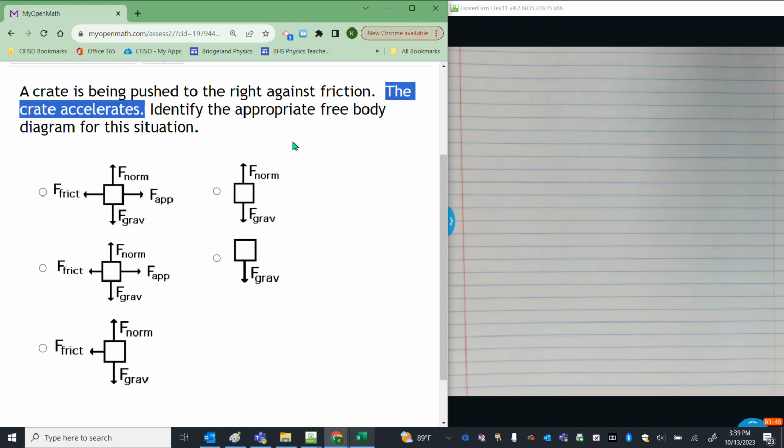In order for the crate to accelerate, I must have a net force acting on the crate. I can't have these cancel out with no net force. I have to have them varying lengths. This one has to be longer than this one so that I have a net force so that I have acceleration. So the answer to the second question should be this diagram right here.